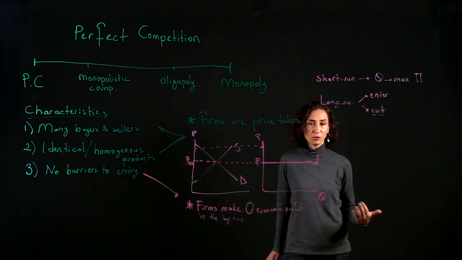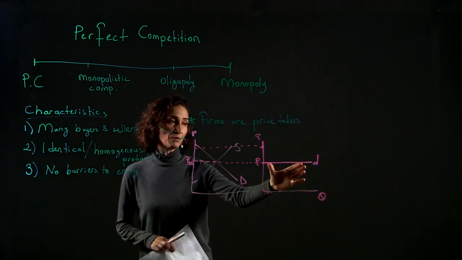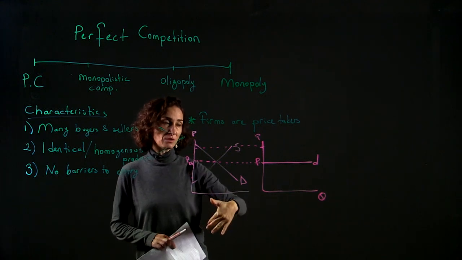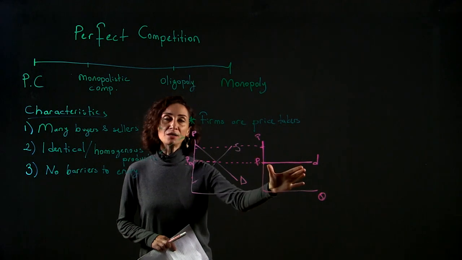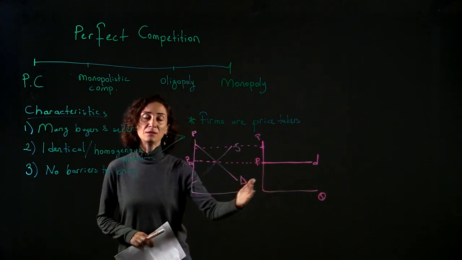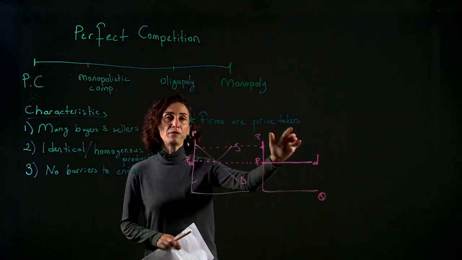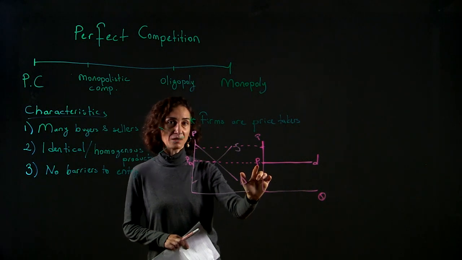And I'm making a loss, but the demand curve for an individual producer in a perfectly competitive market is perfectly elastic, which is the graphical representation of this idea. Firms in perfectly competitive markets are price takers. They have to accept this price.